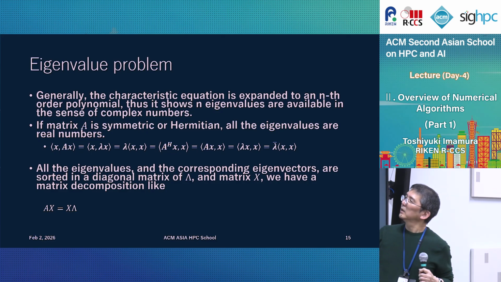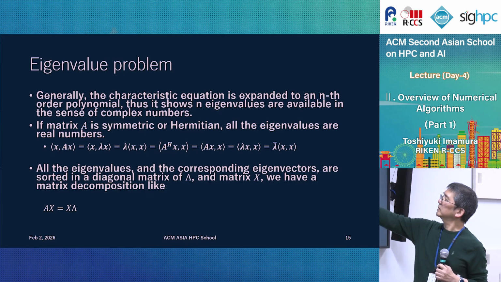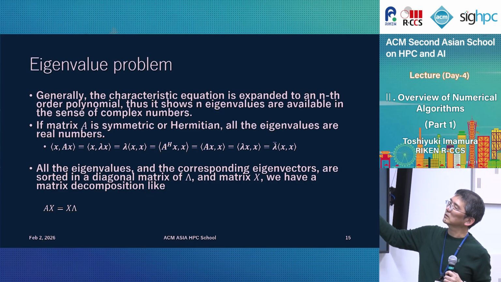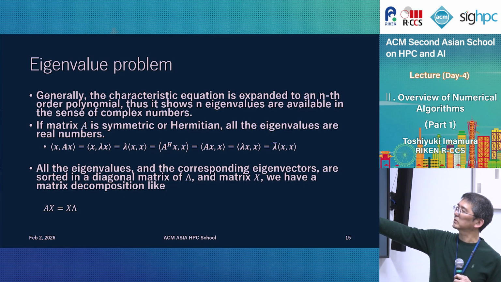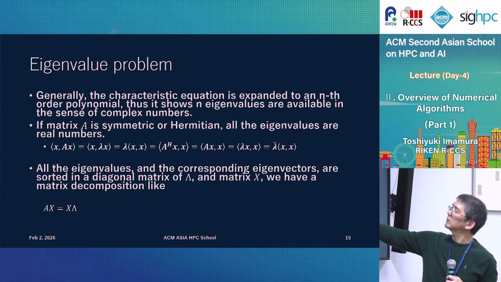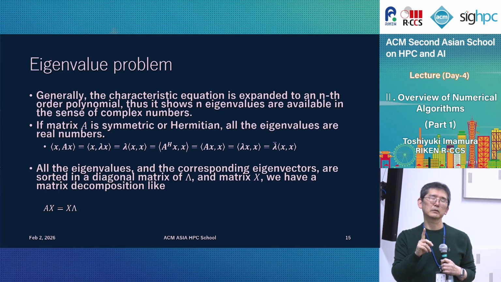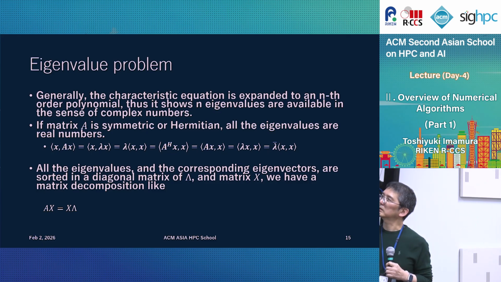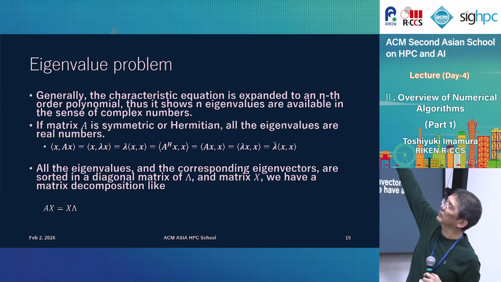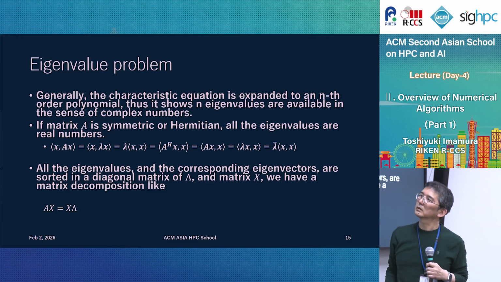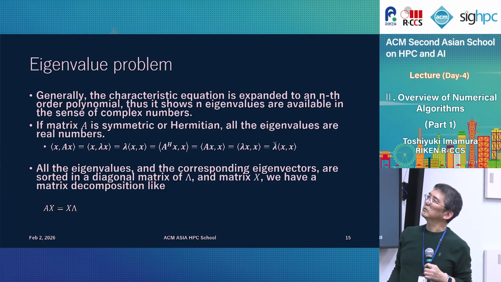Okay, so the corresponding eigenvectors are stored in a diagonal matrix of lambda. Now we only consider a single eigenvalue. But here we have n eigenvalues.